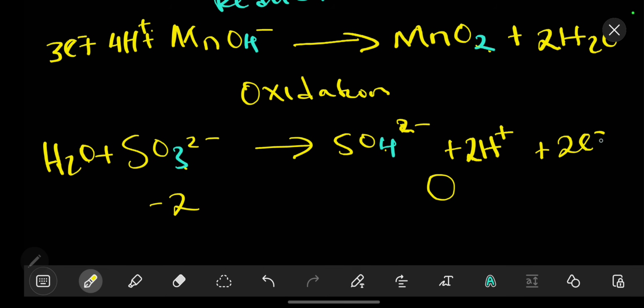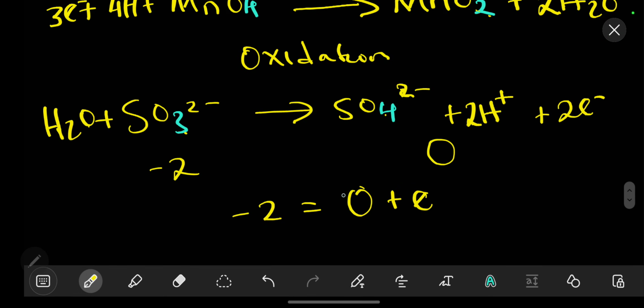The same equation can work: negative 2 should be equal to 0 plus the number of electrons to be added. 0 doesn't change anything, so E is equal to negative 2. So wherever it has a greater charge, that's where you add your electrons, because electrons will always be reducing the value.